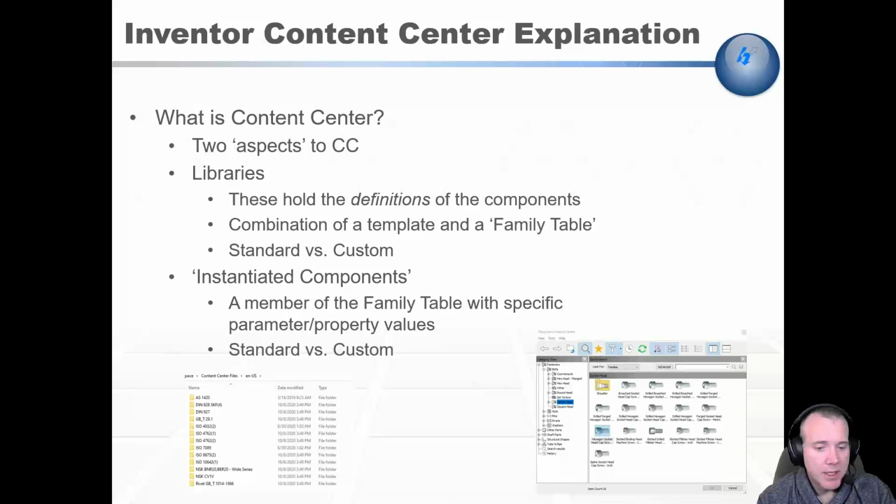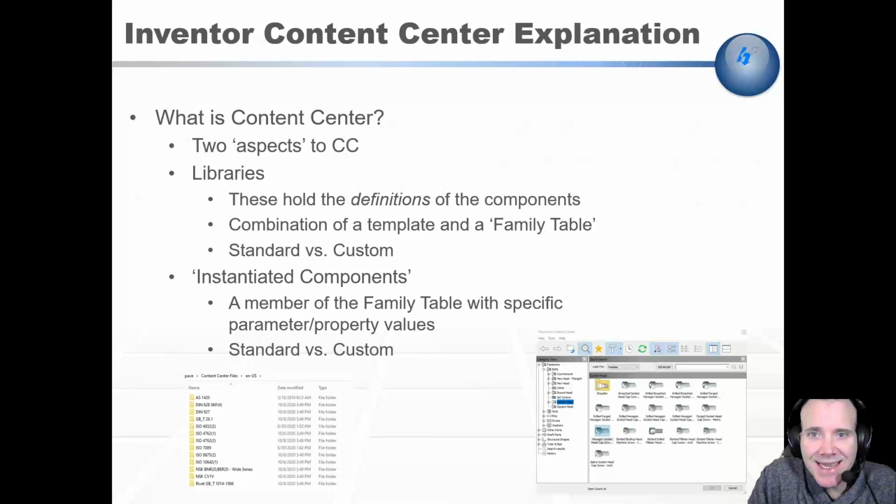It's a combination of an Inventor file template, a part template. Content Center always houses Inventor files. Technically, I think it can have features too, no assemblies for sure. But it's going to be a template file and a table that has information about the various iterations.